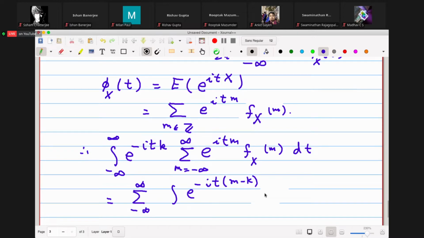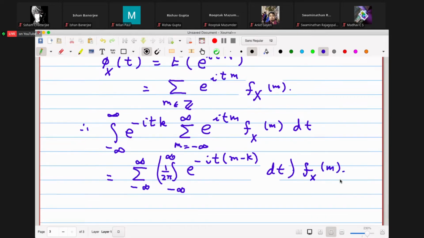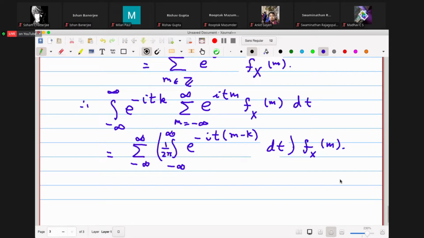Okay, so dt, this is from minus infinity to infinity. I have 1 by 2 pi. So let us integrate this.